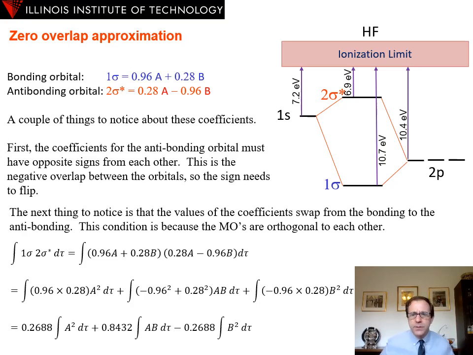All right, so what do those integrals evaluate to? Well, the a squared d tau, remember, that's the atomic orbital itself, a. That is, we're just looking at the fluorine's 2pz orbital. That's what that orbital a is. So any orbital squared d tau over all space, it's normalized.